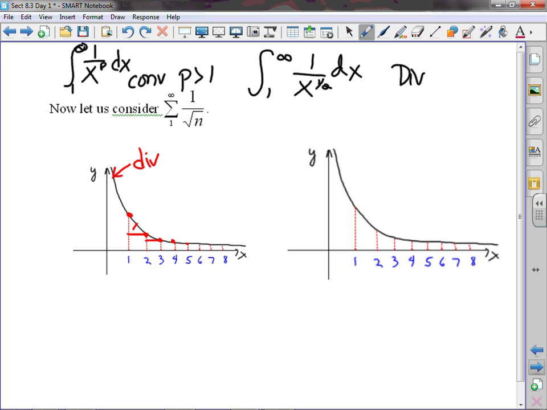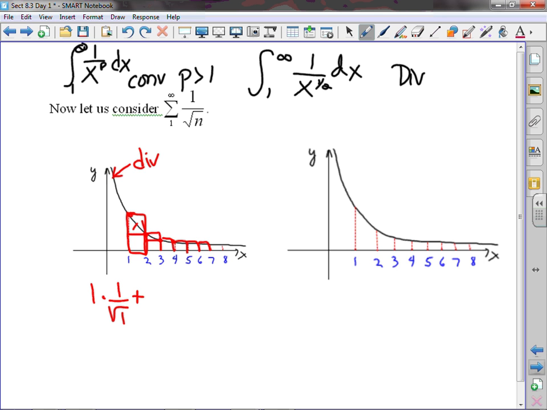So I'm going to do this rectangle and this one. So if I can show that the area of these rectangles is bigger than the integral, and the integral diverges, then what's got to be true about the areas of my little rectangles? They have to diverge. What is the area of this first rectangle? It's 1 times 1 over the square root of 1. Right?